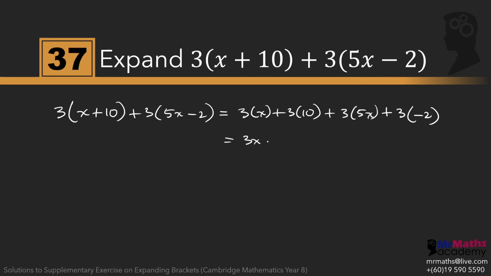So that is 3x plus 30, that comes from the first expansion. Plus 3 times 5, which is 15x. And 3 and minus 2 becomes minus 6. So add or subtract the like terms. So 3x and 15x becomes 18x. And then 30 minus 6 becomes 24. Next question.